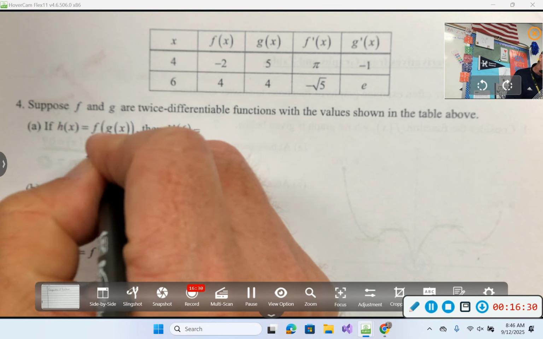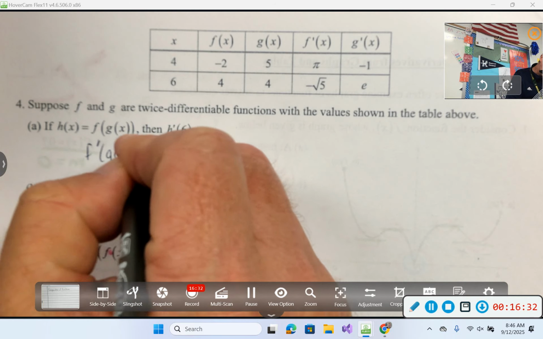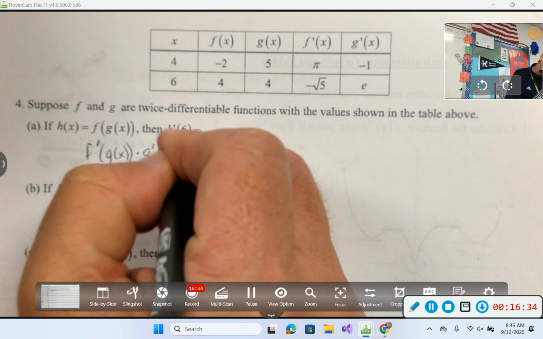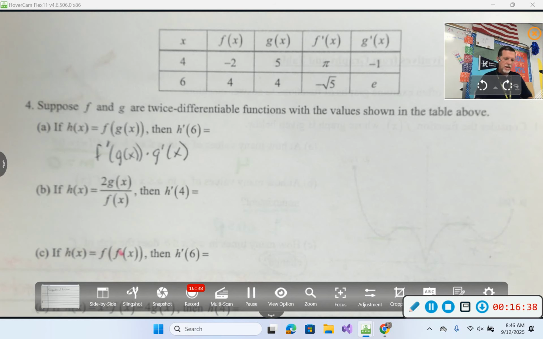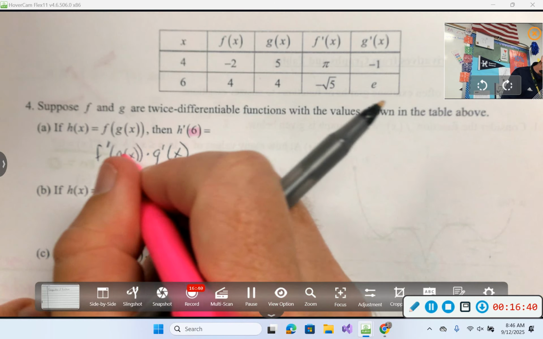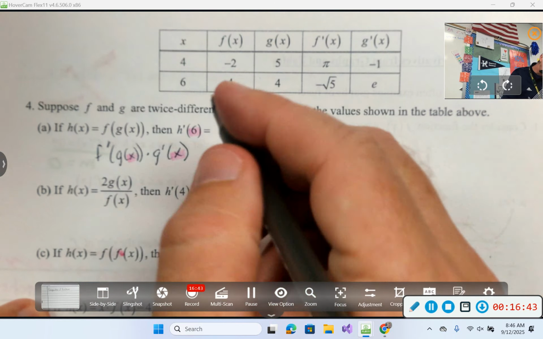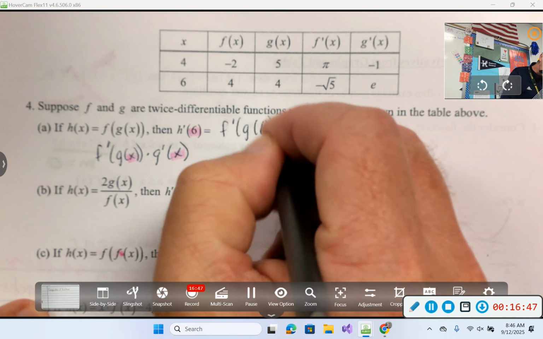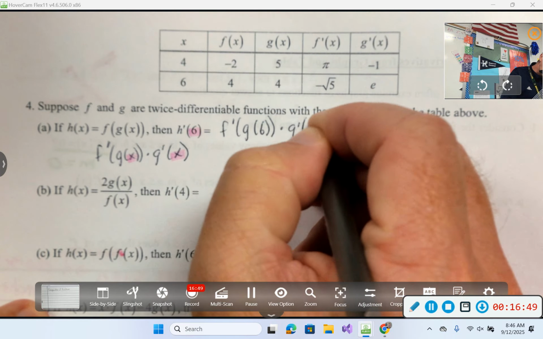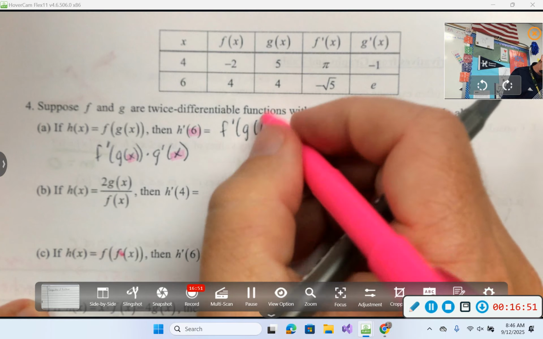So f prime of g of x times g prime of x. Outside in, one layer at a time. And we'll plug in 6. So f prime of g of 6 times g prime of 6.